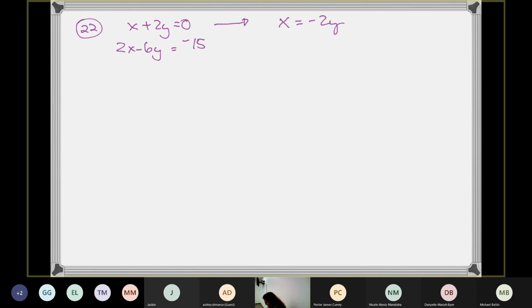So you go ahead and you replace this x with negative 2y. Minus 6y equals negative 15. So multiply the 2, you get negative 4y minus 6y equals negative 15. Combine the like terms, that would be negative 10y is negative 15.